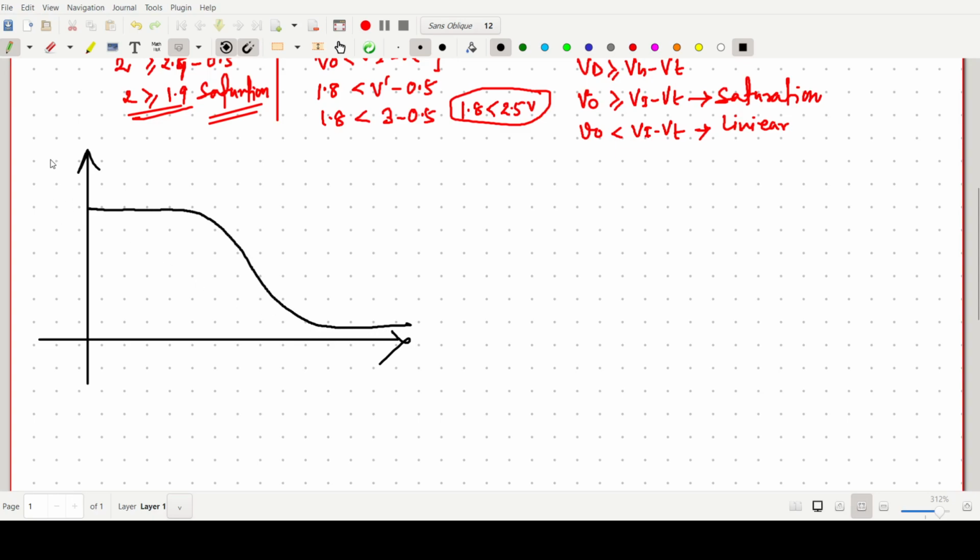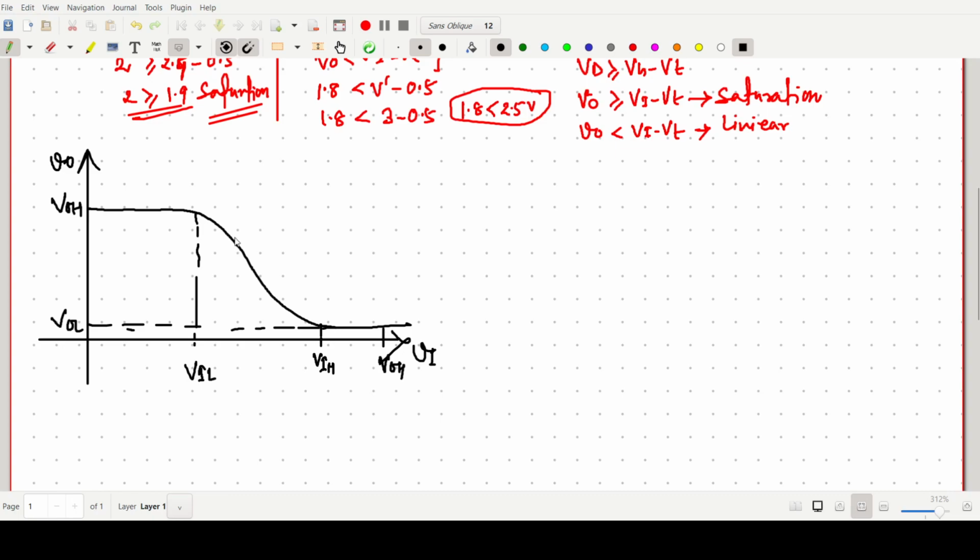This is our output voltage versus input voltage, and this one is VOH. This is our output low voltage, this value is the input low value, and this is VIH, and this one is some high value, that is our VOH.